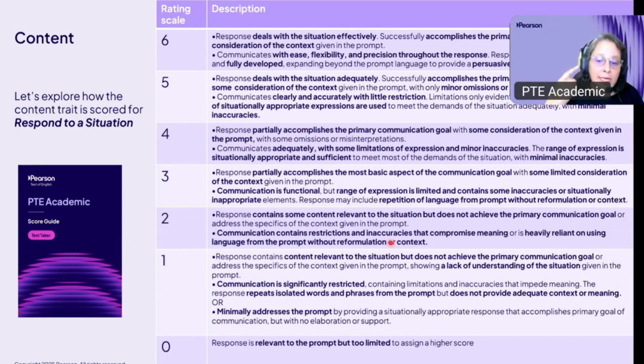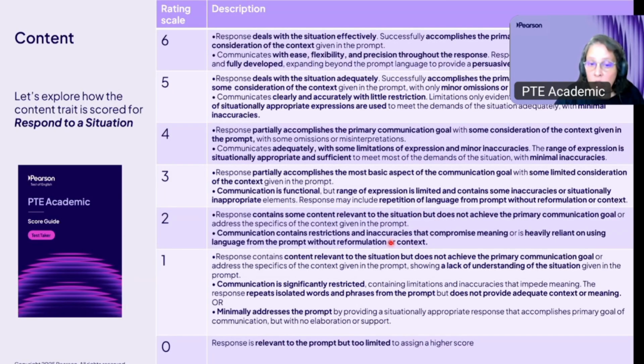So we're looking at language, addressing the task, addressing the people, giving acknowledgement to the background, and making sure that we are addressing it using the correct register, the correct tone.